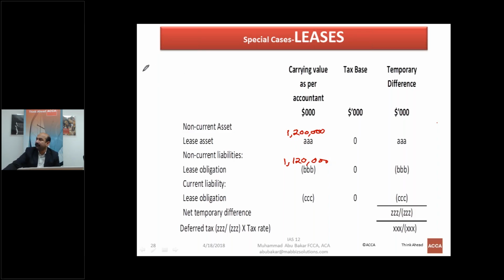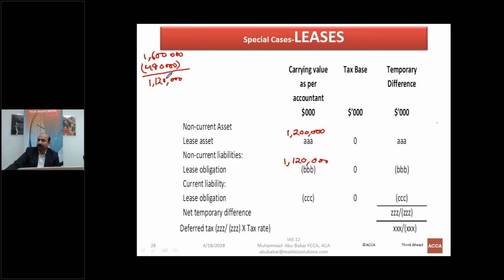Let me explain over here. We are paying 480,000 in advance. So before paying this advance, our lease obligation was 1.6 million. So right at the start of the lease, our lease liability is reduced to 1,120,000.